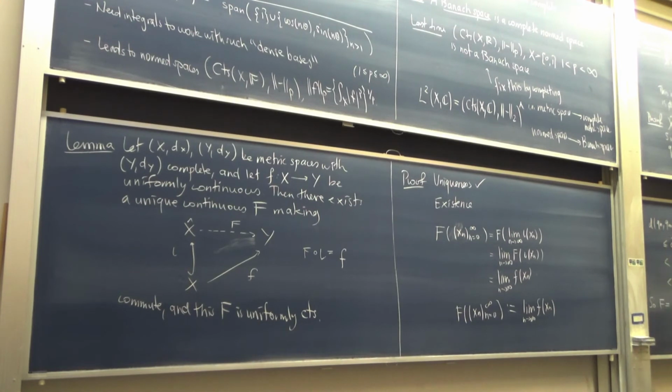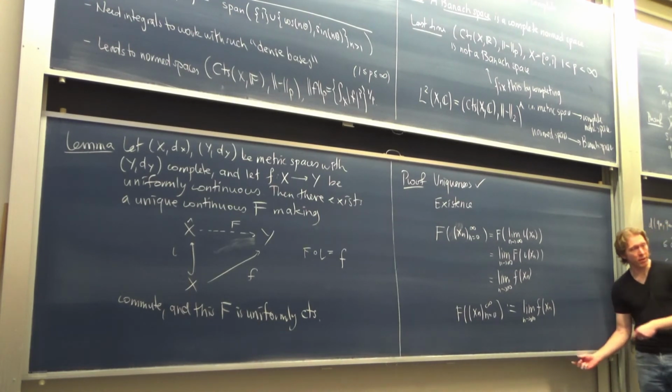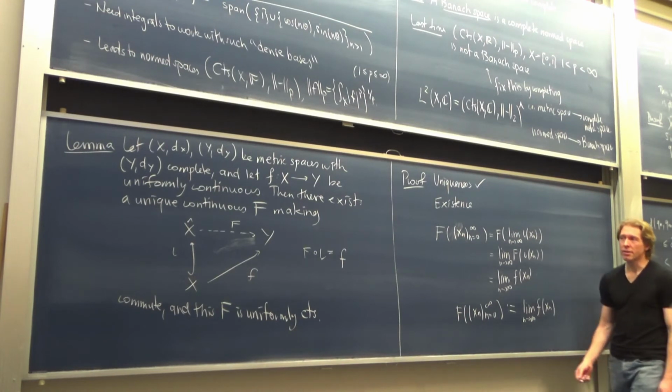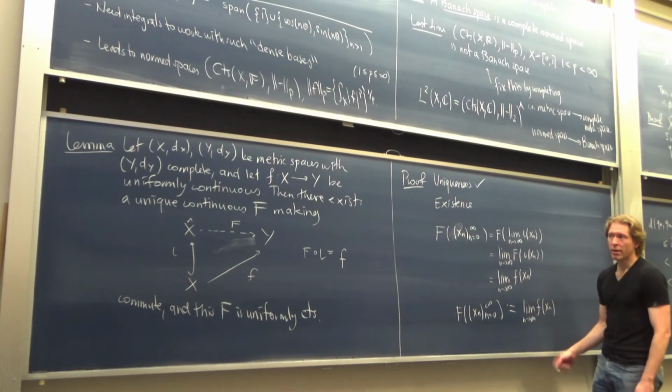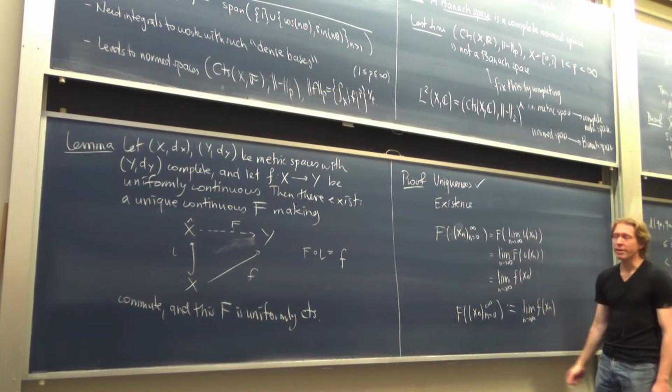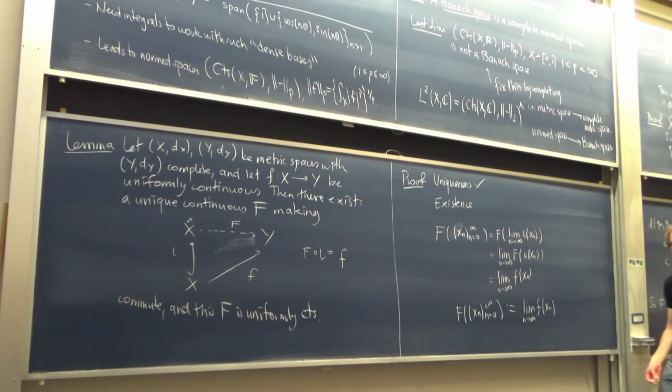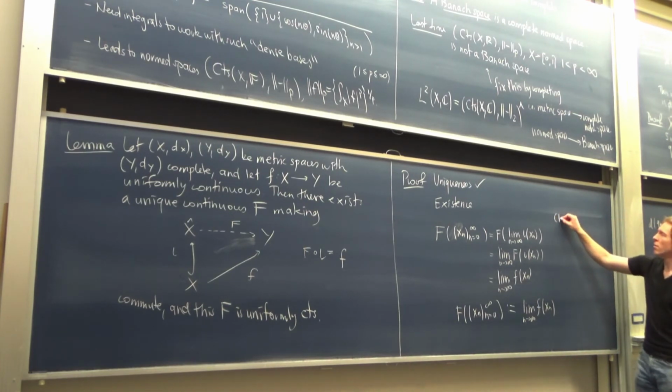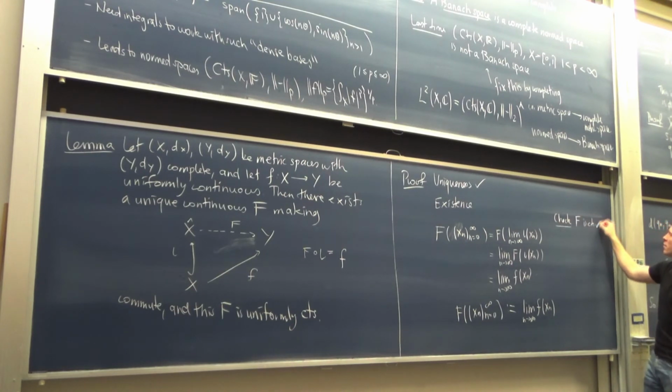So that's a well-defined element of Y, and we define F of the Cauchy sequence to be that element. It is clear that it agrees with lowercase f on X, but it's not clear it's continuous. So we have to check that F is continuous. It clearly makes the diagram commute, and then uniqueness is settled already.